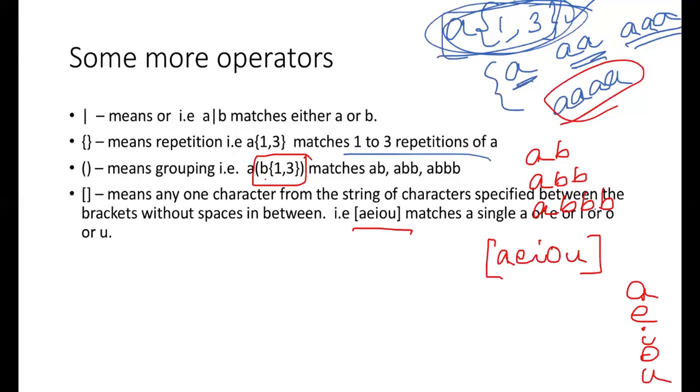Anyone that is represented here. You could have written it like this: A or E or I or O or U. You could have written it in this manner also. It is equivalent. So that is the square bracket.